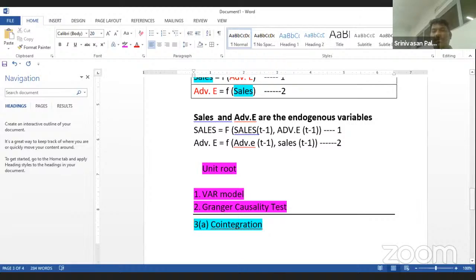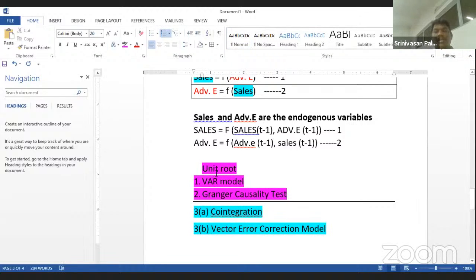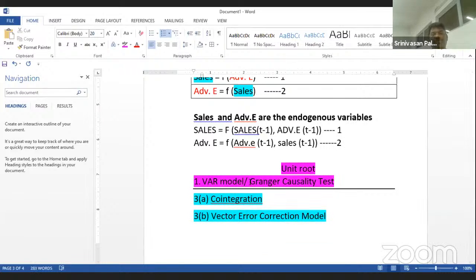If you go for unit root, you can go for either the VAR model or the Granger causality model, anyone, so I can put a slash. Now it's clear, right? The deciding factor is the unit root test. Please make a note.